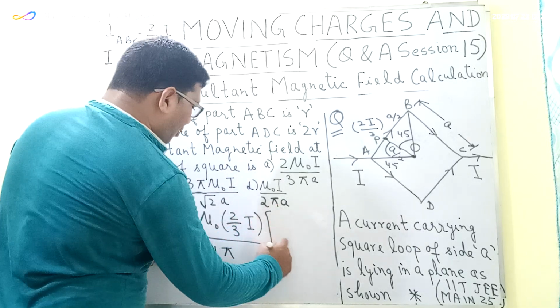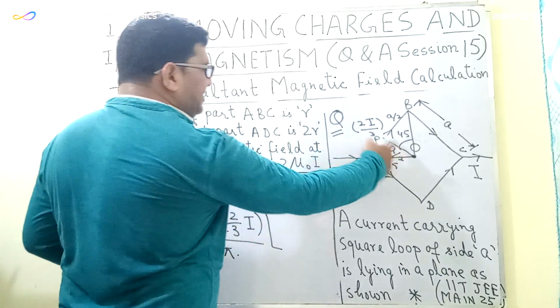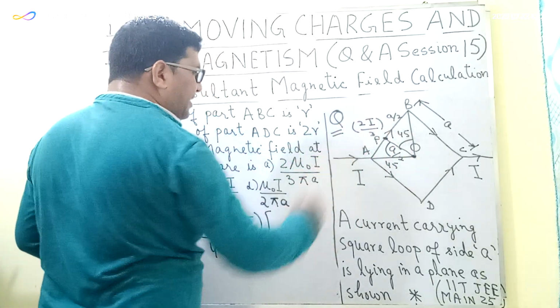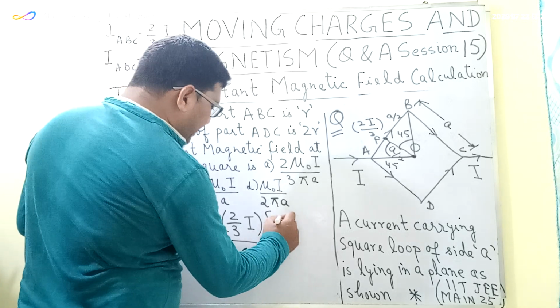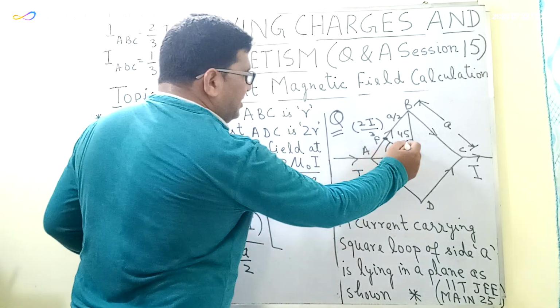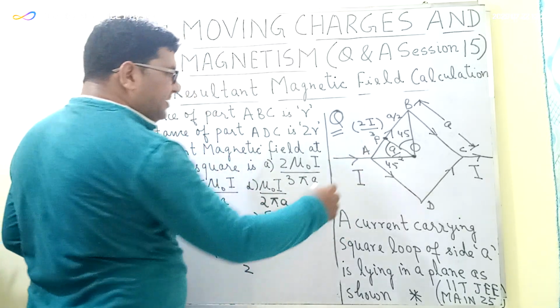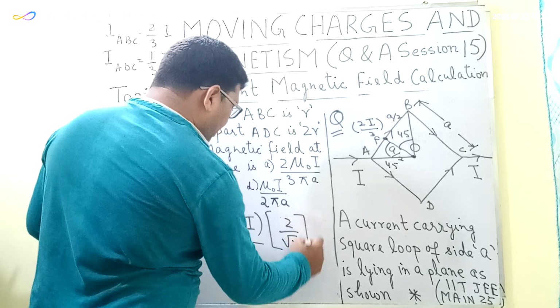So here the formula is mu naught I upon 4 pi R. Now here R is the distance from this point from this current carrying conductor, which is equal to A by 2. And in bracket sin phi 1 plus sin phi 2. This is phi 1 and this is phi 2. So sin phi 1 will be equal to 1 by root 2 and sin phi 2 will be equal to 1 by root 2. So this will be equal to 2 upon root 2.